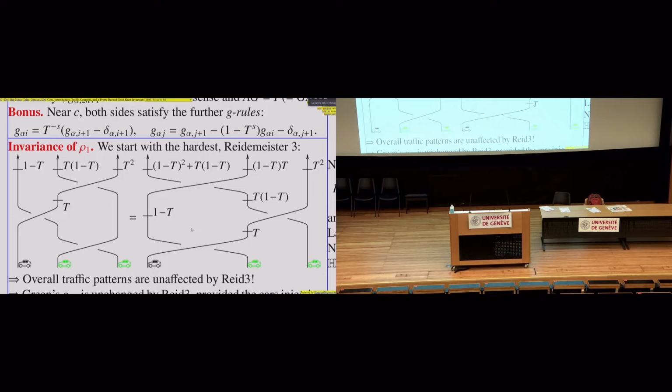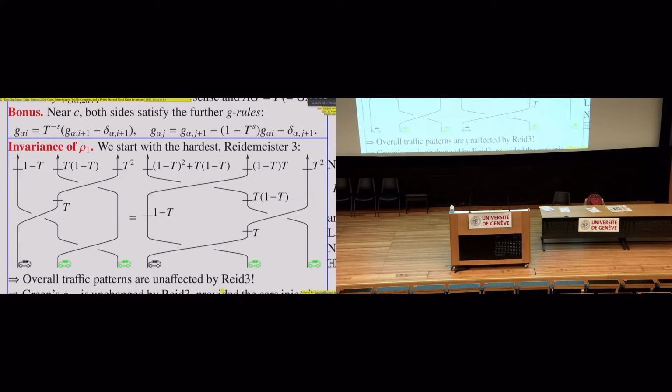Okay? And likewise, you can check, and in fact, this is exactly the same check. So again, you should yawn, because this is exactly the same check that the Burau representation satisfies Reidemeister 3. But anyway, the conclusion is that overall traffic patterns are not changed by doing a Reidemeister 3 move.